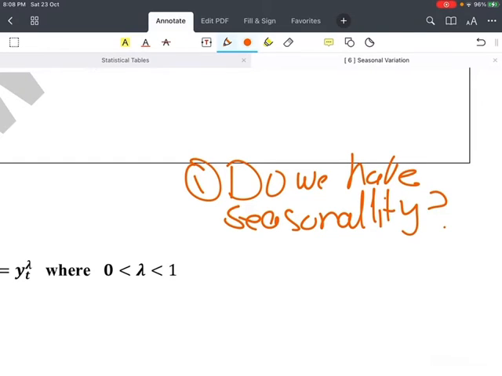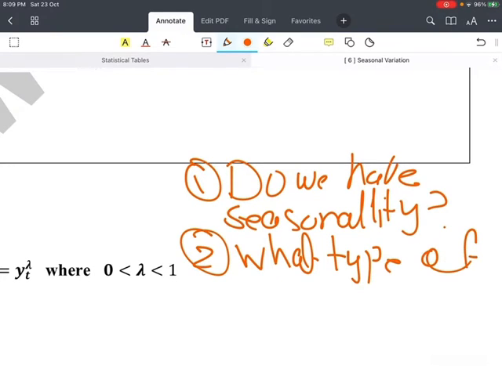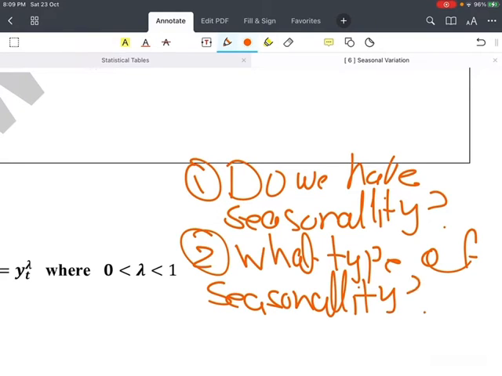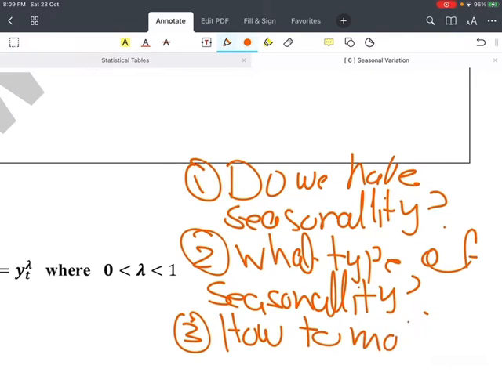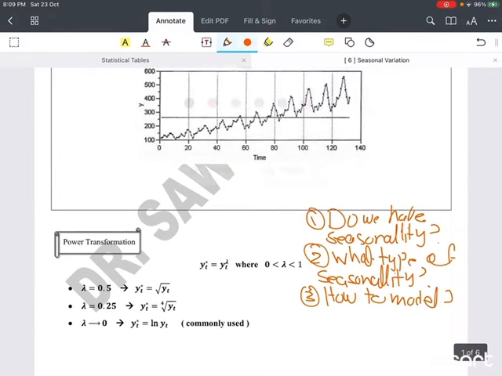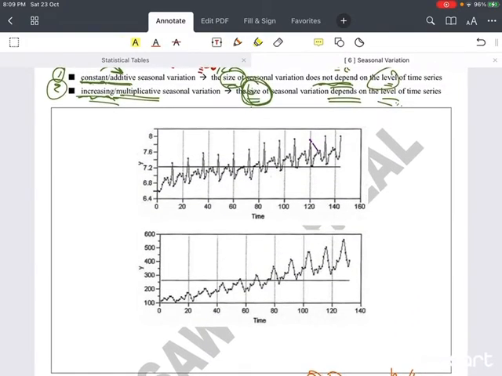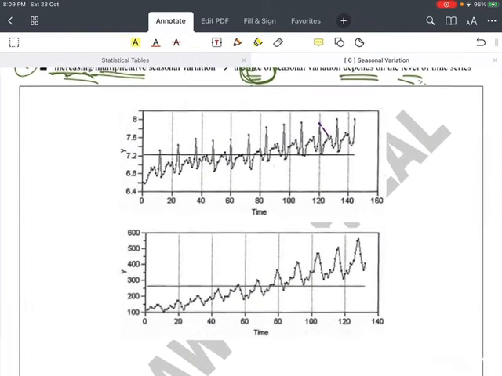The second question will be: what type of seasonality? And the last question will be: how to model? So if we have these graphs, we will ask ourselves, do we have seasonality?